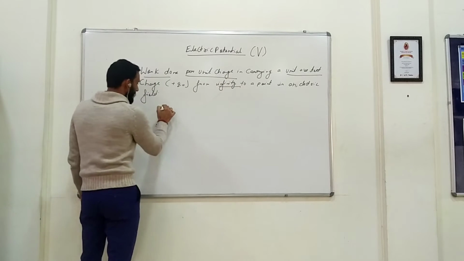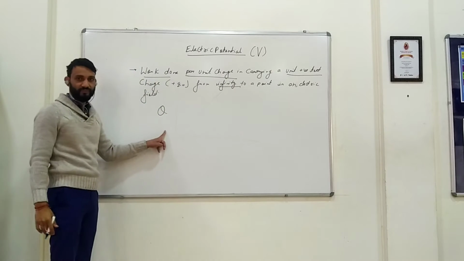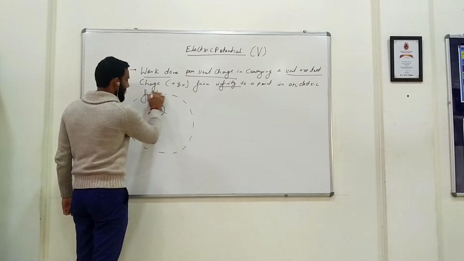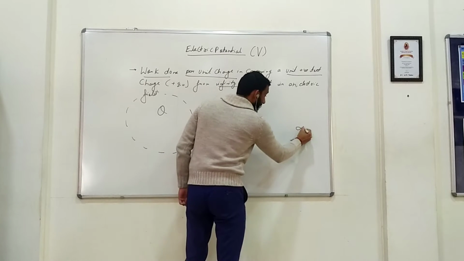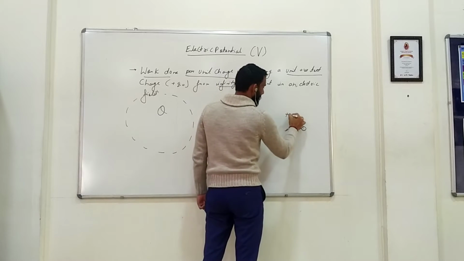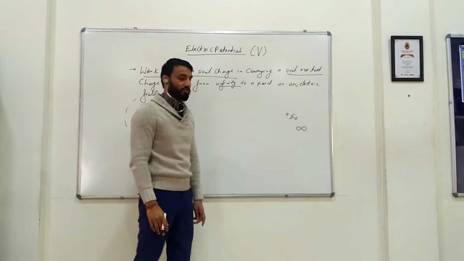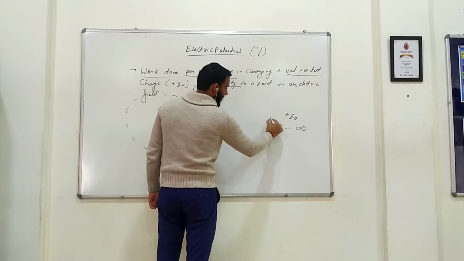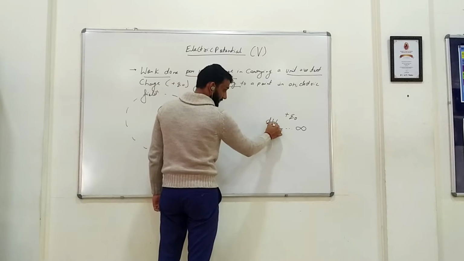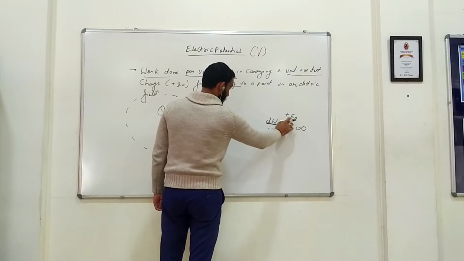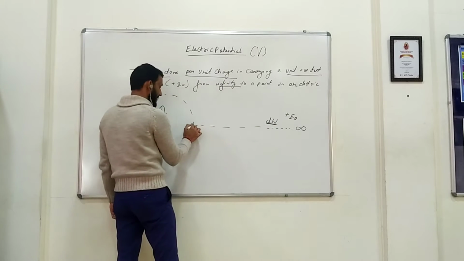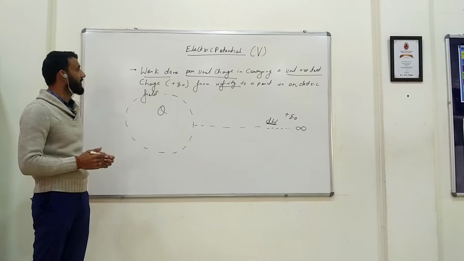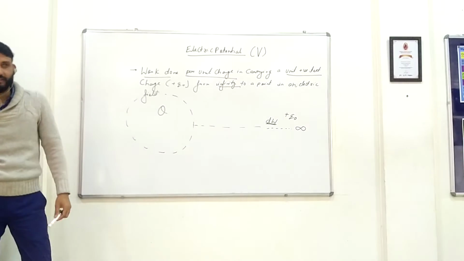It means you have a charge q here, and its electric field is there, and then we have infinity here and we have the unit positive test charge. We are doing work on this unit positive test charge and bringing it into the electric field of some other charge. This is how electric potential is defined.